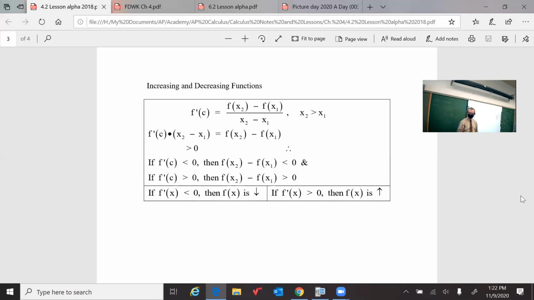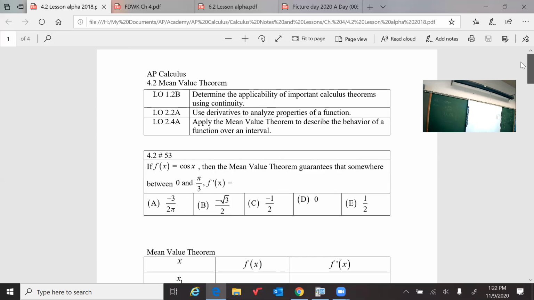Okay? So, let's go back here. Let's finish this problem. Because if the slope were 0, the line would be horizontal.